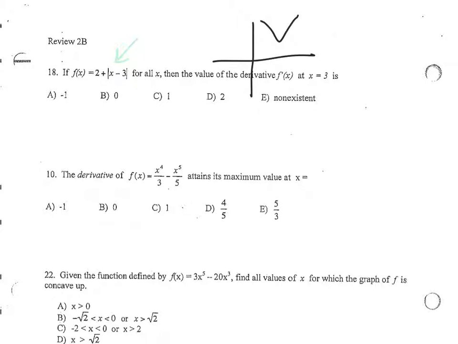Remember this is a V pattern, and the slope of the tangent line through that does not exist. Since 3, when you plug it in, gives you 0 inside the absolute value, that's where that turn occurs, and there is not a derivative at that point. There's not a tangent line at a point like that. It's a sharp point, not a parabola. So that's does not exist.